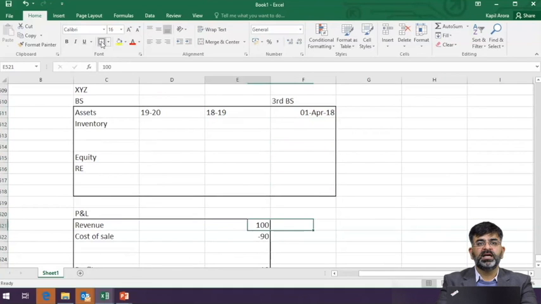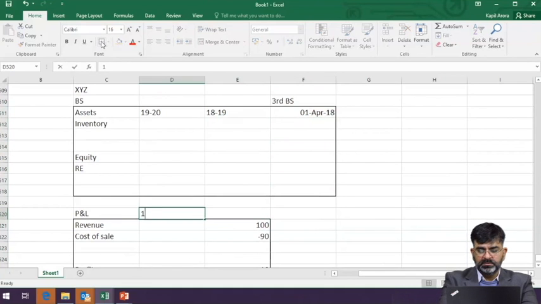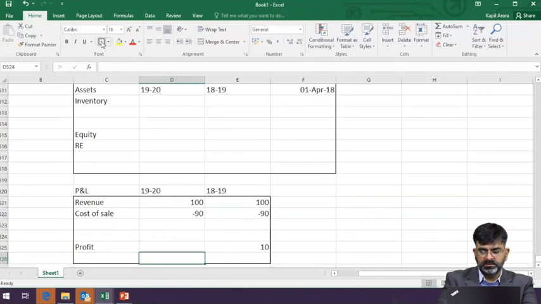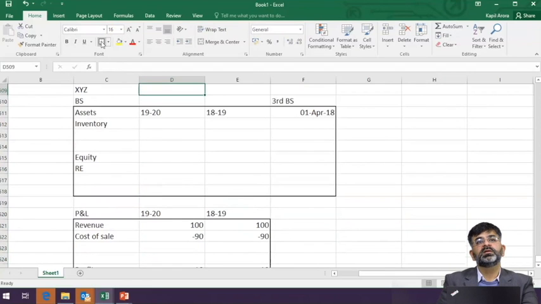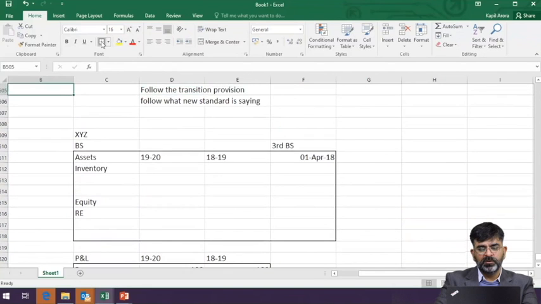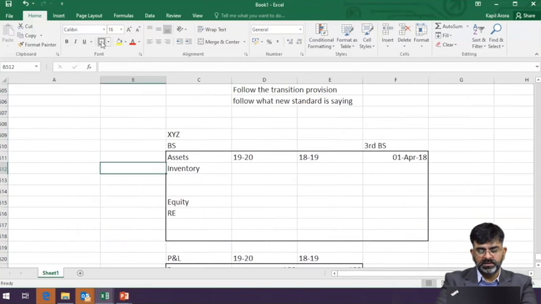On the other side we have the P&L for 19-20 and 18-19, so we have both years, with a profit of 10 in each.